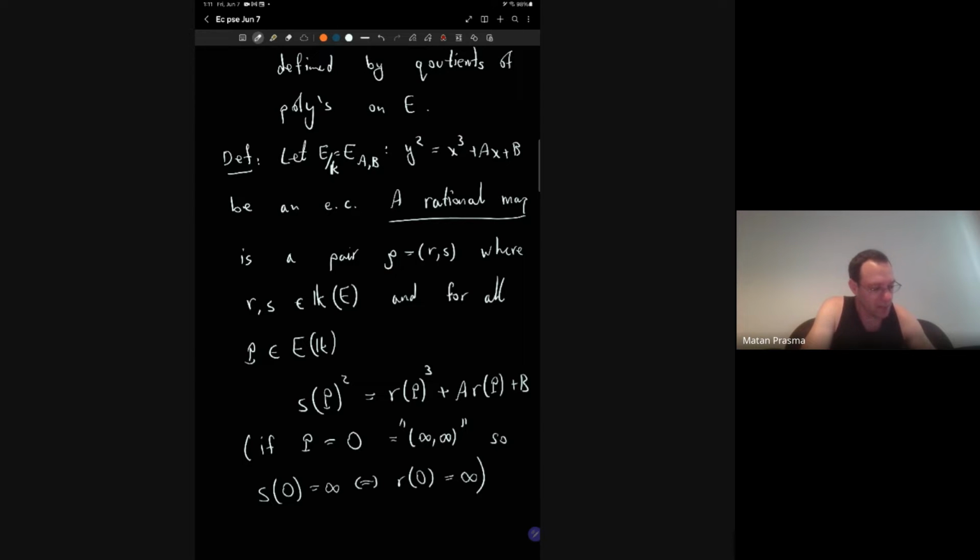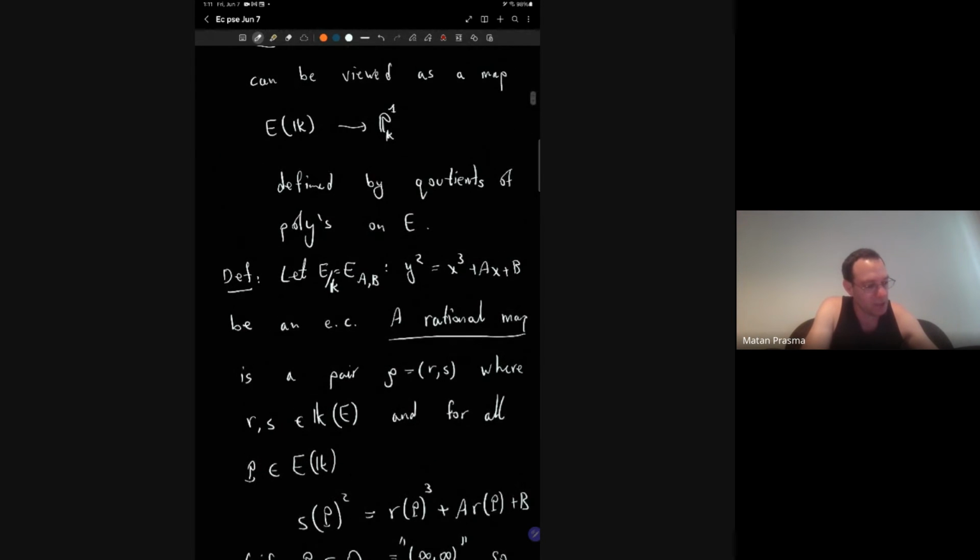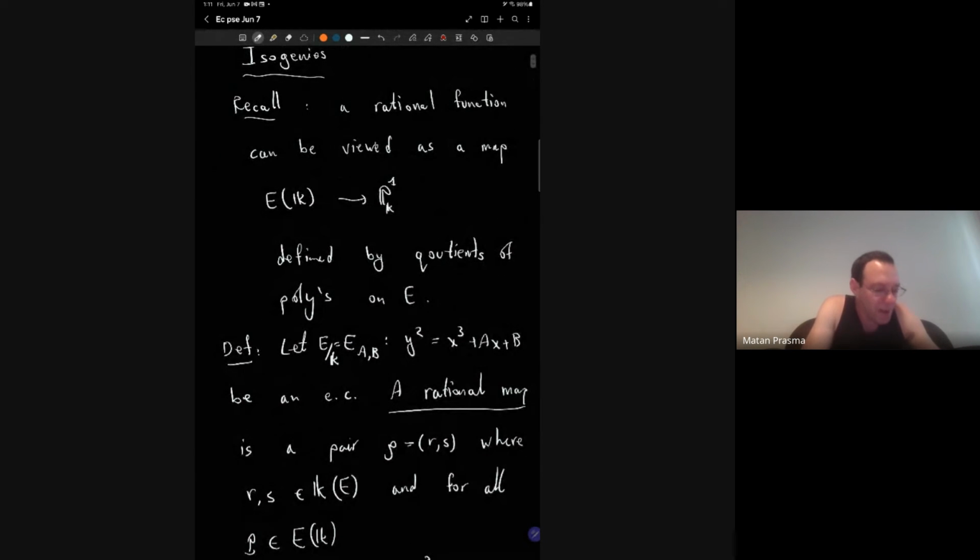Okay, so this is a rational map, in contrast to a rational function, but it's not standard terminology. I'm using it at the moment just to disambiguate the two notions.